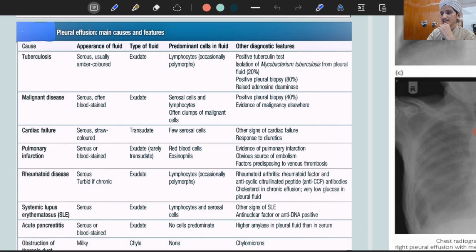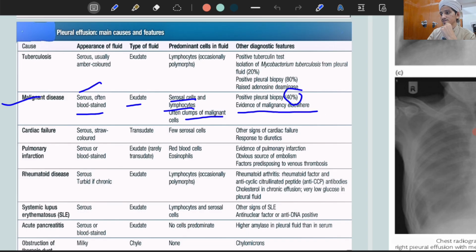If it is due to malignancy, it is serous, blood stained, again exudate. Okay, serosal cells and lymphocytes, and there will be clumps of malignant cells. Pleural biopsy is only 40% sensitive, and you can have evidence of malignancy elsewhere if it is a metastasis.